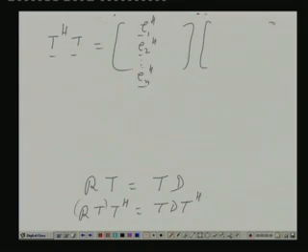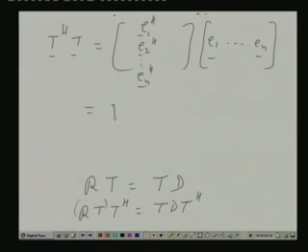If you multiply this with T, that is E_1 through E_n, you can see the first row times the first column will give the mod of E_1 squared, which is equal to 1, but E_1 Hermitian times E_2 will be 0, E_1 Hermitian times E_3 will be 0, E_1 Hermitian times E_n will be 0. Similarly, E_2 Hermitian times E_1 is 0, only E_2 Hermitian times the second column E_2 will be 1, and likewise.